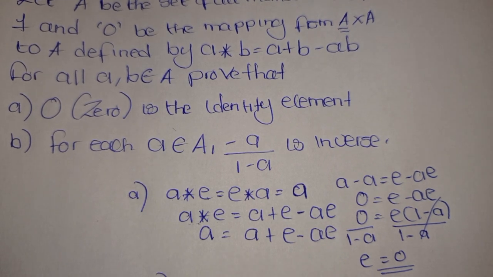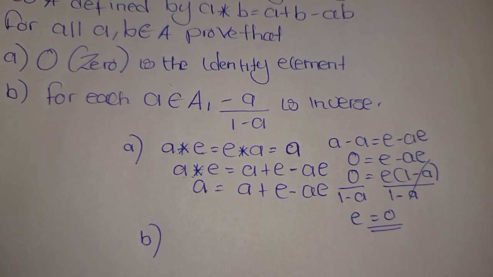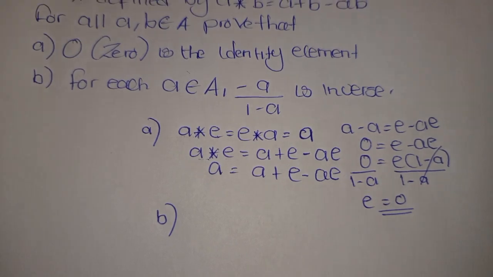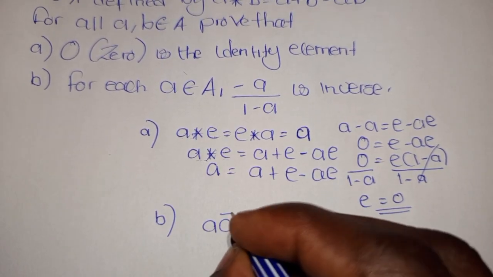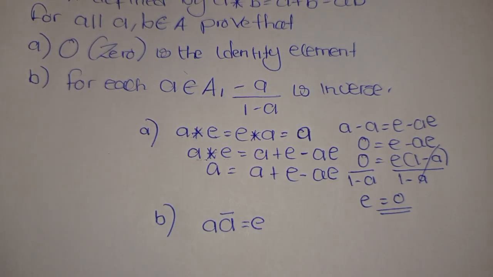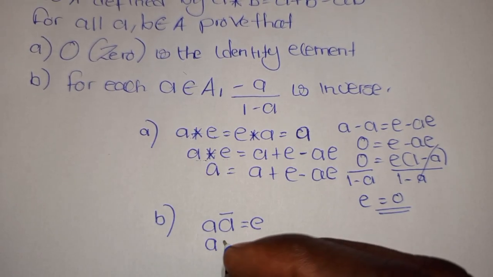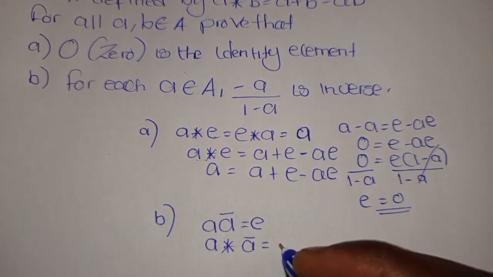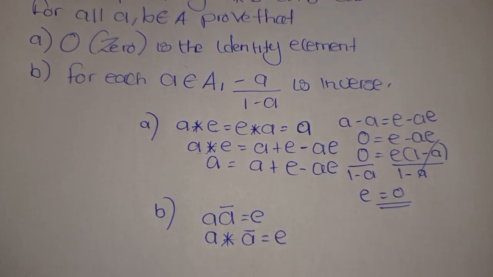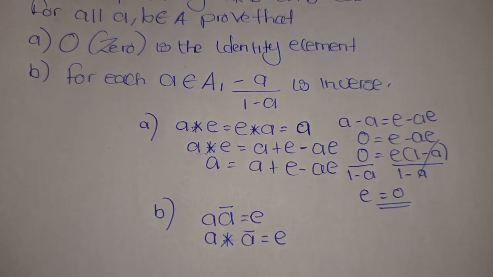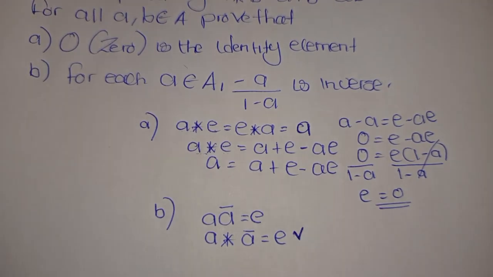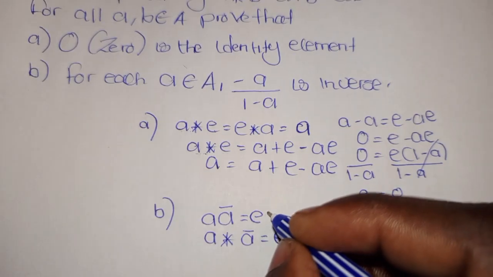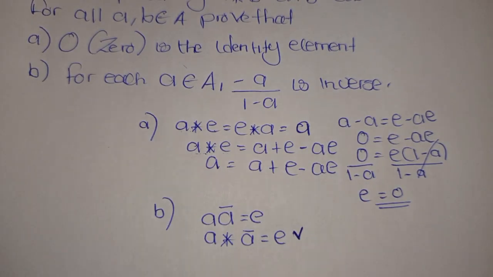We will call our second question B. So what we do now here is: A bar, the inverse, is the same as E, and A star A bar is the same as E under the inverse rule. But mostly we always use this for us to be able to prove the binary operation. So for some sort, this at times is always invalid.